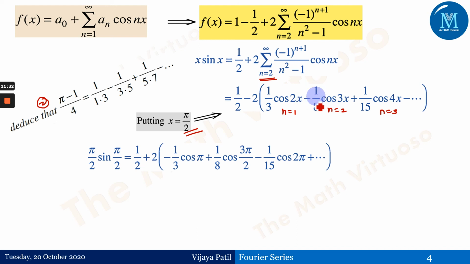Similarly, I want the 1 by 8... this 1 by 8 I don't want. I want the values as 1. If you observe, it's 1 by 3.